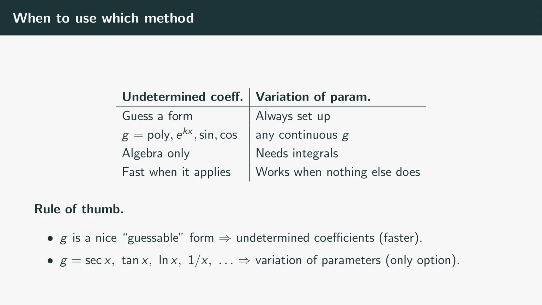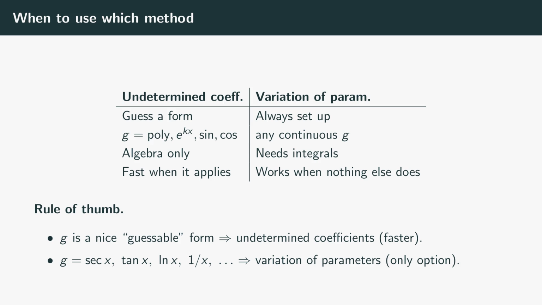Before an example, let's settle when to use which method, because you now have two. Undetermined coefficients works by guessing a form, so it only applies when the forcing is a polynomial, an exponential, a sine, or a cosine. But when it applies, it is pure algebra, and it is fast. Variation of parameters always sets up for any continuous forcing term, but it costs you integrals, and those integrals can be unpleasant. So the rule of thumb is simple.